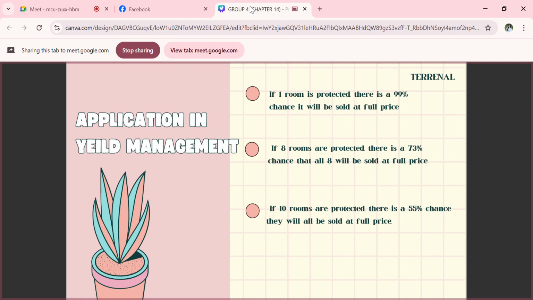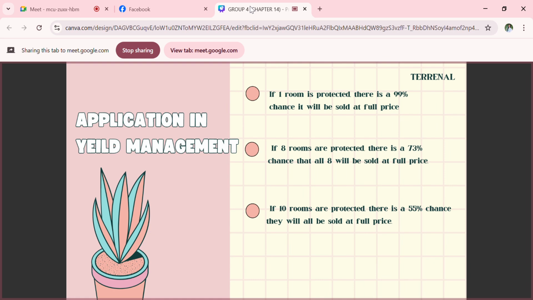Alright, so let's proceed to the application in yield management. In the example of the hotel, with an average demand of 10 rooms and a standard deviation of 4, the operator can use the cumulative probability function to decide how many rooms to protect for full price customers. So here's how it works. First, if a room is protected, there is a 99% chance it will be sold at full price.